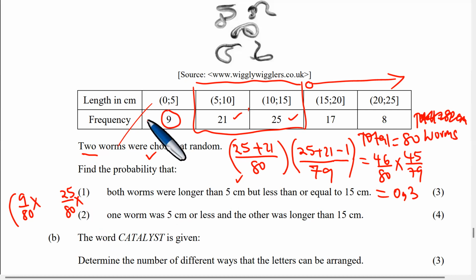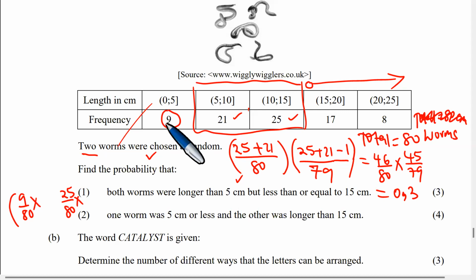Then now you continue and say, obviously, from 0 to 5, less than 5. But the other property is that one worm was that. But remember that there is more information now that is necessary here. One worm was that, and the other worm was that. So it means that obviously you will have to choose from these ones.